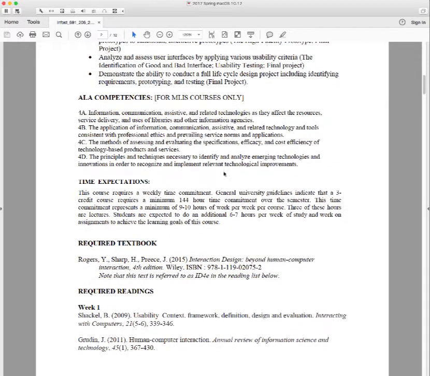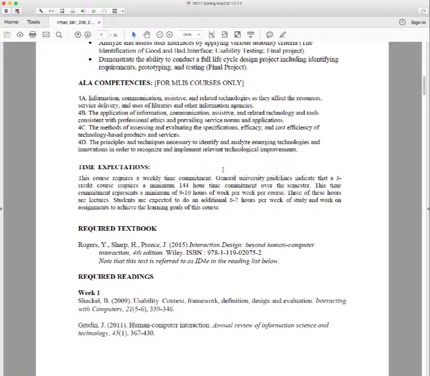Time expectations. This is a pretty intense course. It's a 3-credit course. We've estimated a time commitment of 144 hours. We're going to be talking about 9 to 10 hours a week.